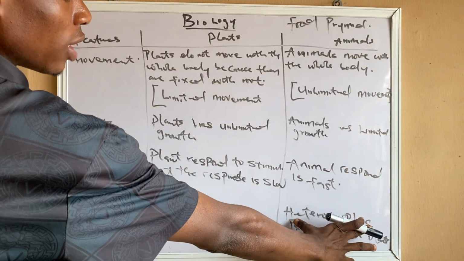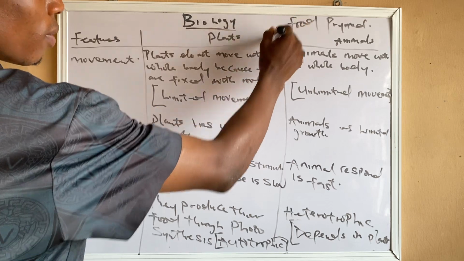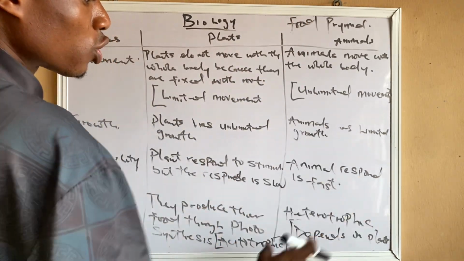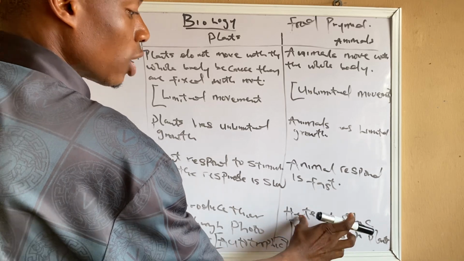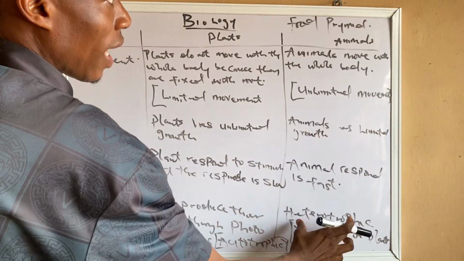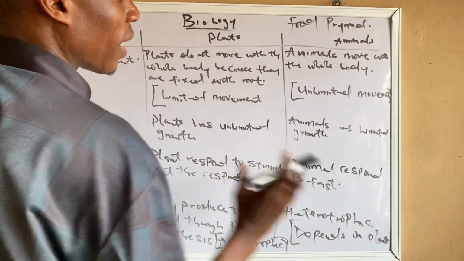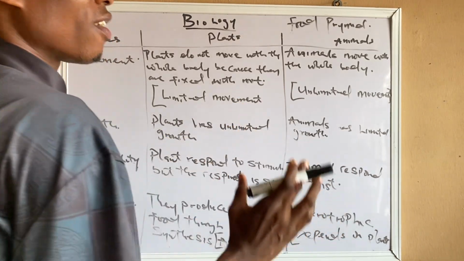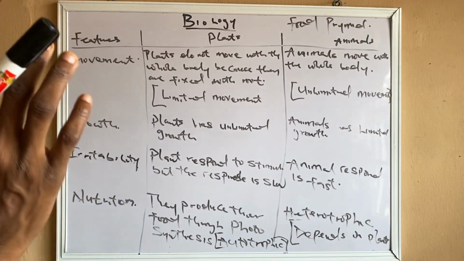They are basically for the heterotrophic. From the diagram, you understand what you mean by the word heterotrophic. But note that heterotrophic is for the animal. That is, we depend on plants. We do not produce our own food by ourselves. No human being has ever said that I'm the one that produces my food by myself. It is not possible.